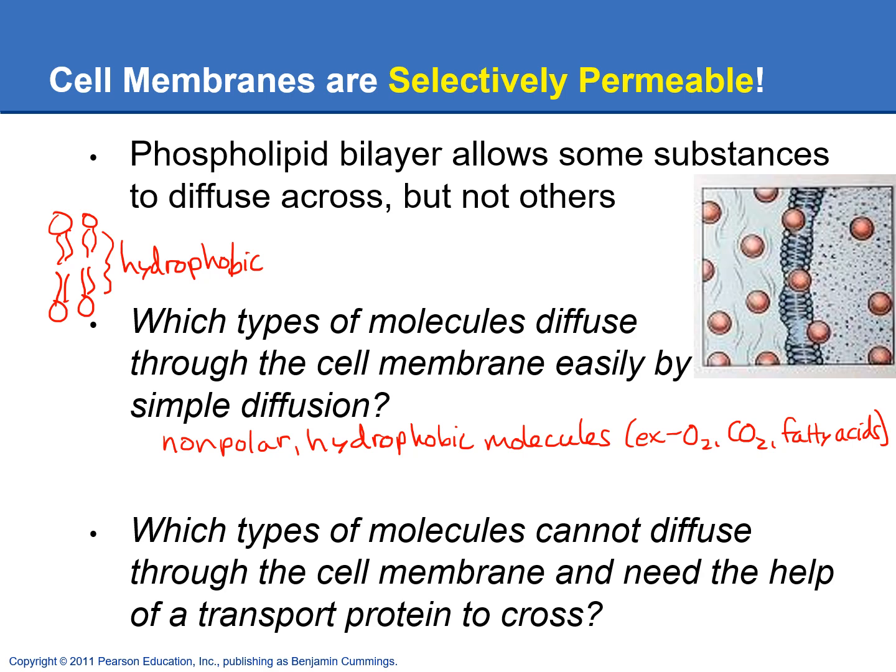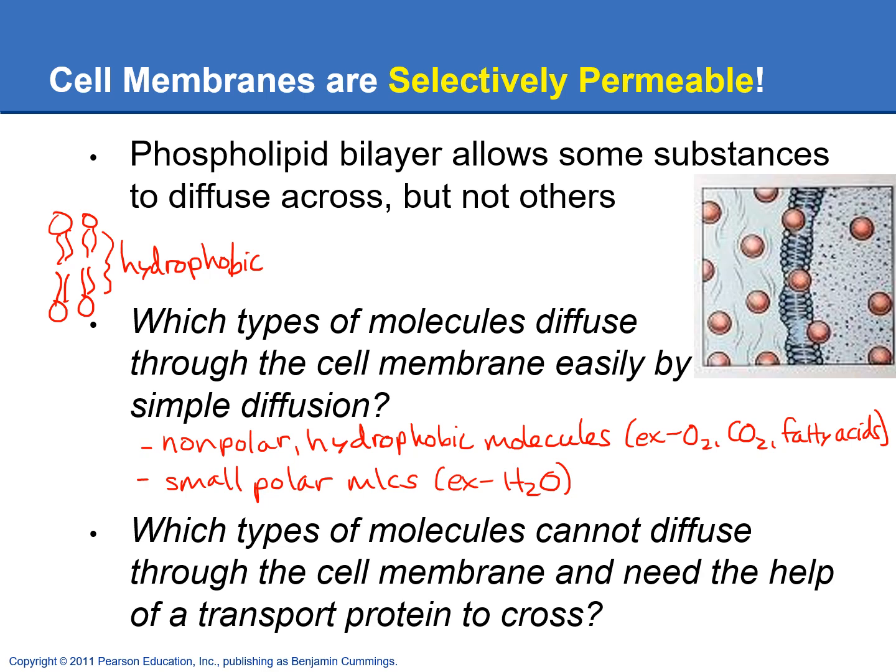And then the other type of molecule that can diffuse across the cell membrane are small polar molecules. And a good example there would be water. Because as those phospholipids are moving around, they create little gaps between them, and water is small enough that it can slip through the gaps.